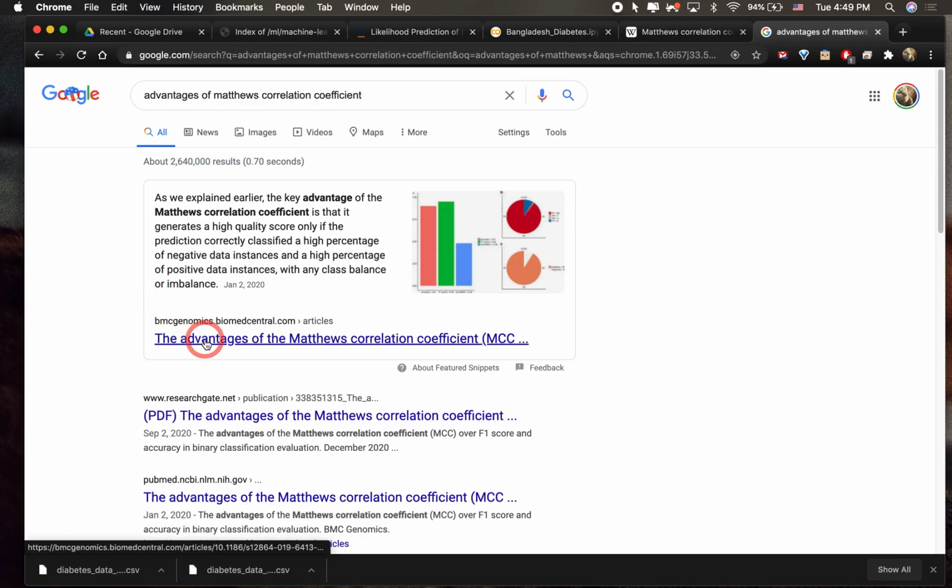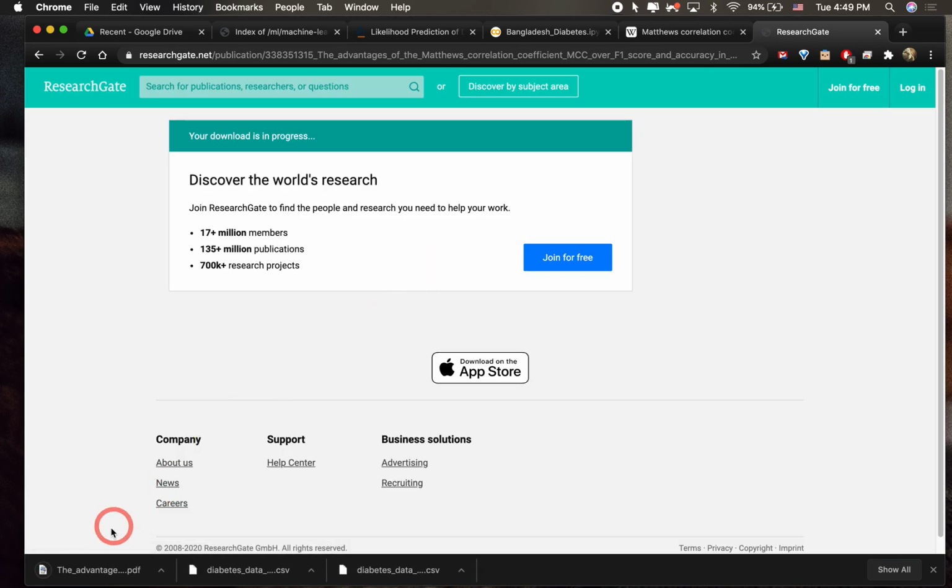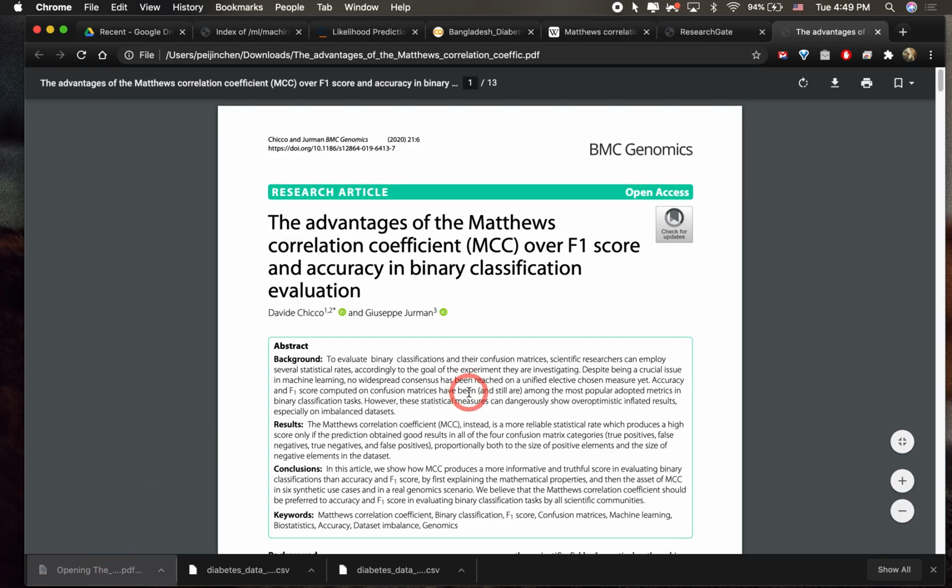This is one of the PDFs, the advantages of the Matthews correlation coefficient. That's actually from this year. And you can say what are the advantages of Matthews over the F1 and accuracy in binary classification. This one is free, so you can download it and read the entire paper, and at least see if you agree with it or not.